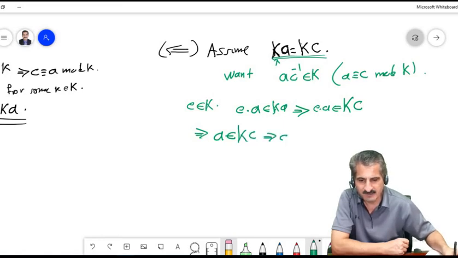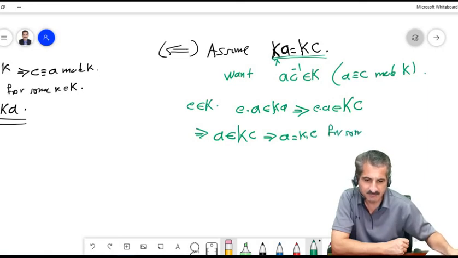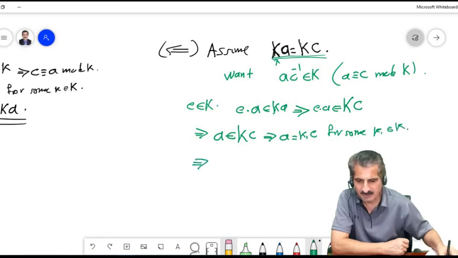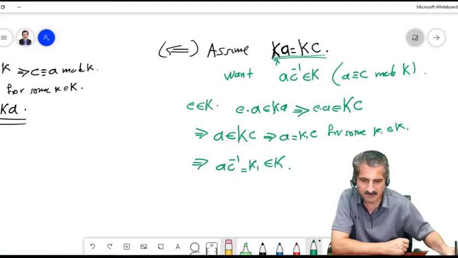This means A equals, say, K1 times C for some K1 inside the subgroup. And that means AC inverse equals that element K1, which is in K, and then we are done. So we proved what we want here.